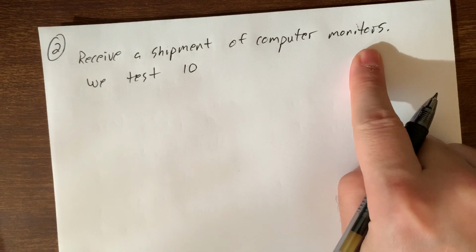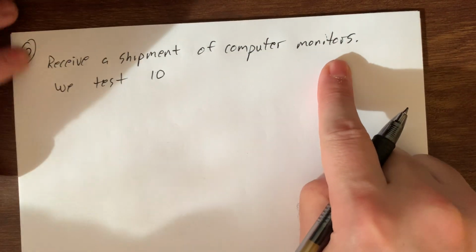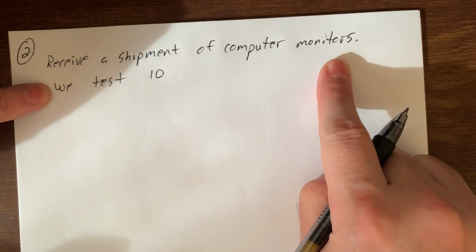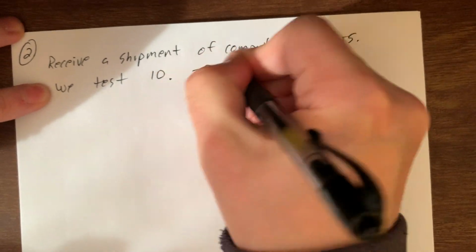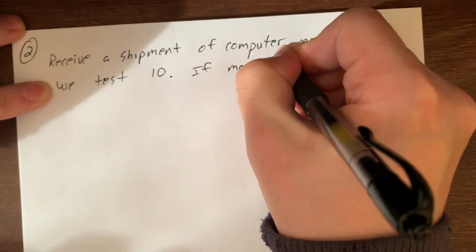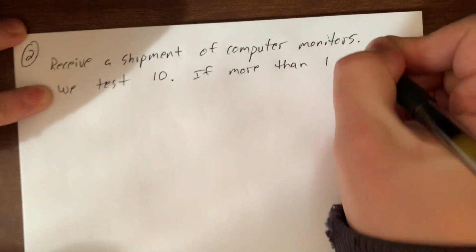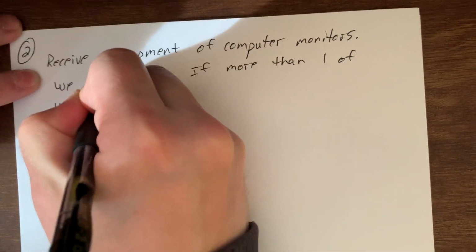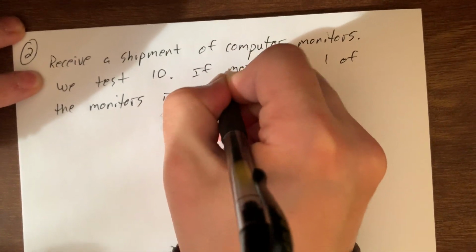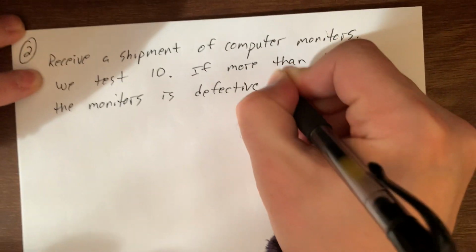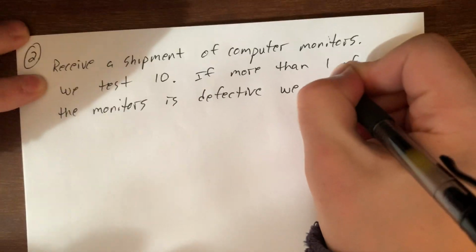We're not going to test every single computer monitor that we receive. We're going to test 10 of those computer monitors. We test 10. If more than one of the monitors is defective, we reject the entire shipment.